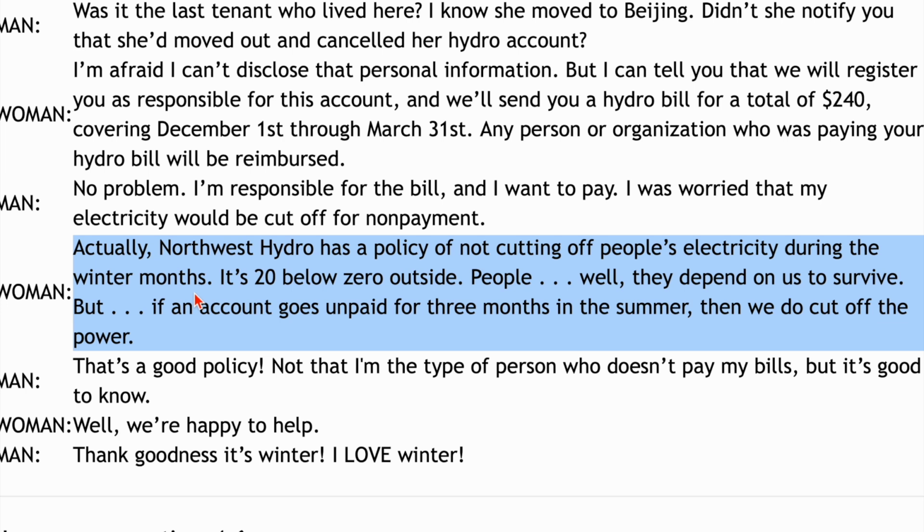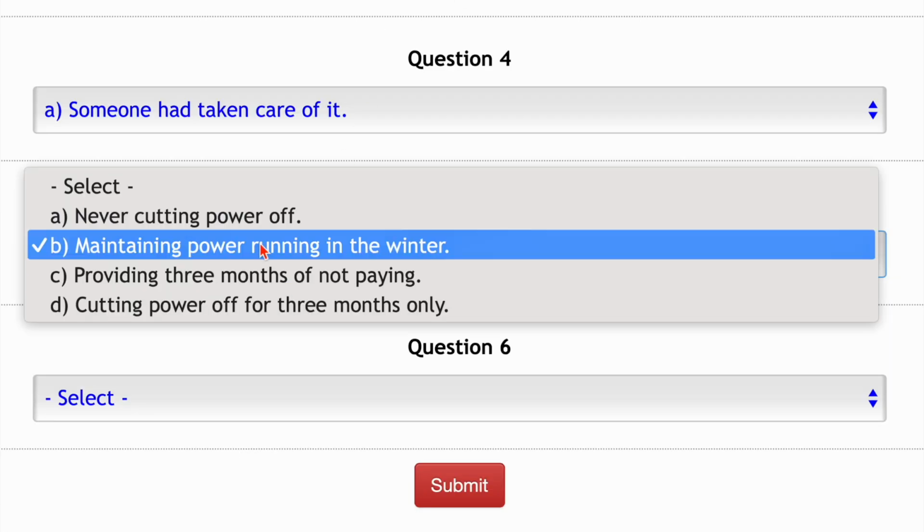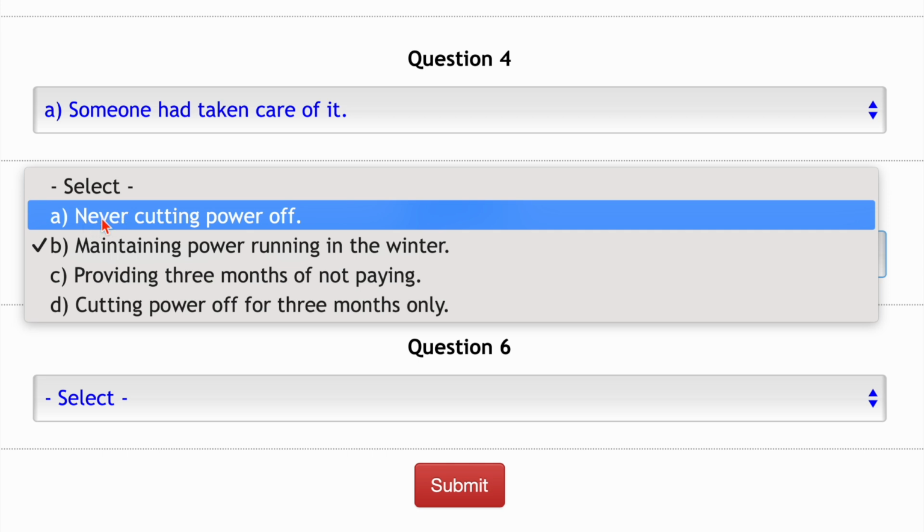Sounds like Canada, minus 20 in the winter. Okay. So if an account goes unpaid for 3 months in the summer, then we do cut off the power. Okay. So again, it's not never. They do cut it off sometimes if they don't pay for 3 months.